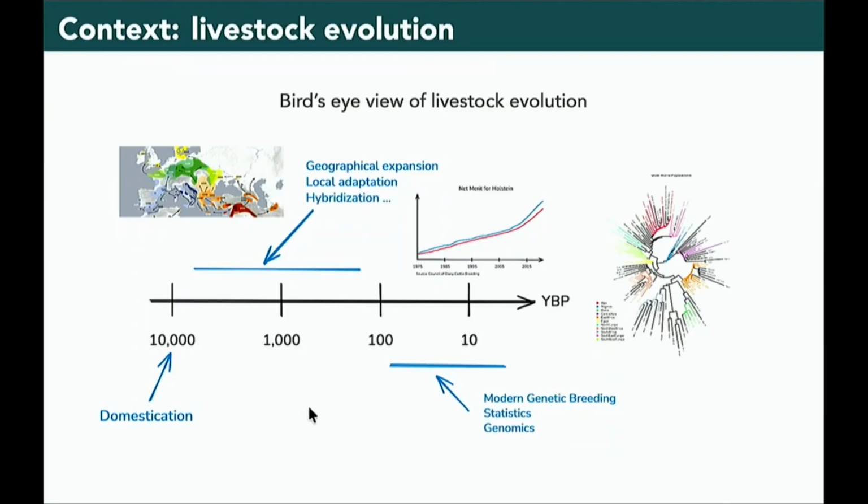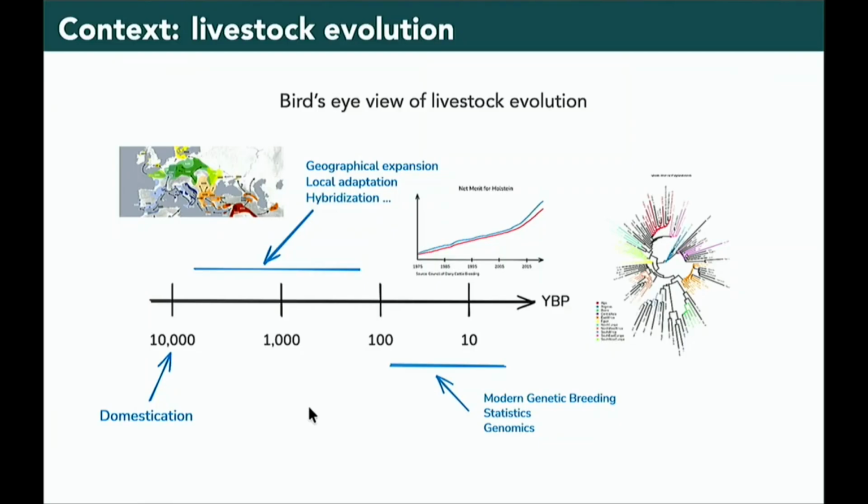There's probably been a lot of local adaptation, hybridization between populations, and also hybridization with their wild relatives. Then a few hundred years ago, modern genetic breeding started with the use of statistics, and now the use of genomics. Genomics is now used routinely in livestock breeding.